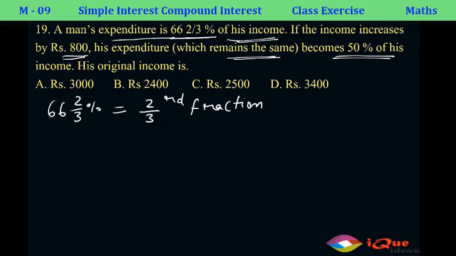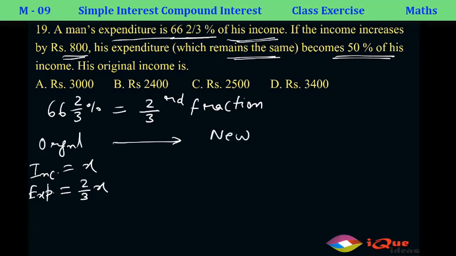Alright, so let's assume that the original income is equal to X. So his original expenditure will be 2/3 of X, so 2 by 3X. Now, in the new case, what happens? Expenditure remains the same. So in the new case, I'll write expenditure equal to the same as the original one, that is 2 by 3X.